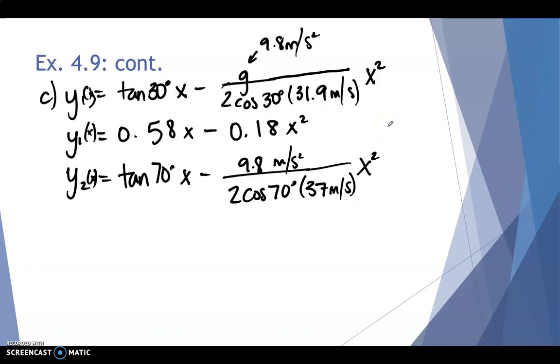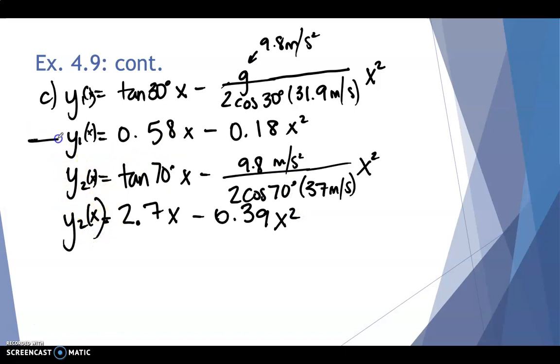Yep. Okay. So tangent of 70 is 2.7 approximately, minus 9.8 over 2 times 37 times cosine of 70, which is 0.39 x squared.